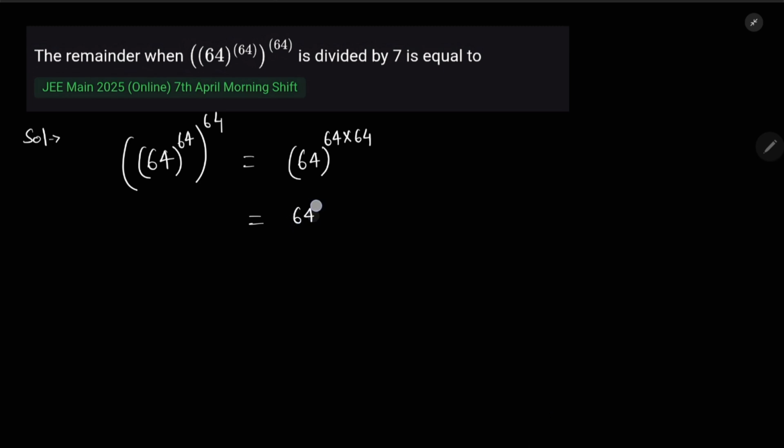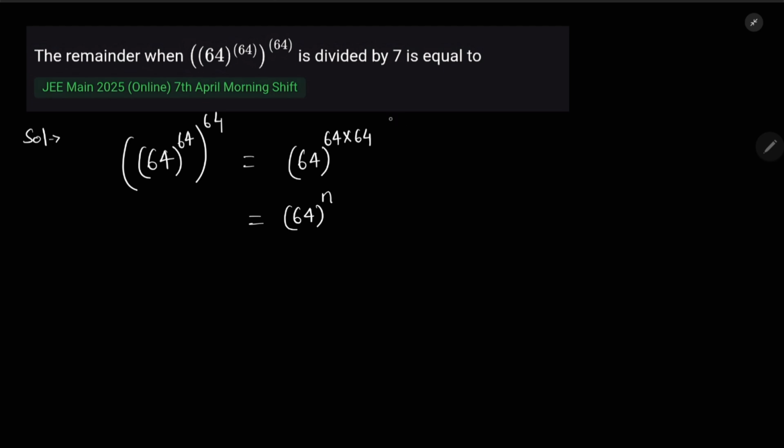Anyhow, this 64 is nothing but 64 to the power n. So I need to find the remainder of 64 to the power n when divided by 7. The question is just to confuse us with 64 to the power 64 to the power 64. Instead, we can solve 64 to the power n and we will get the same remainder.